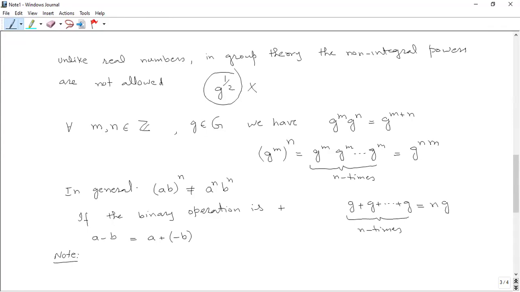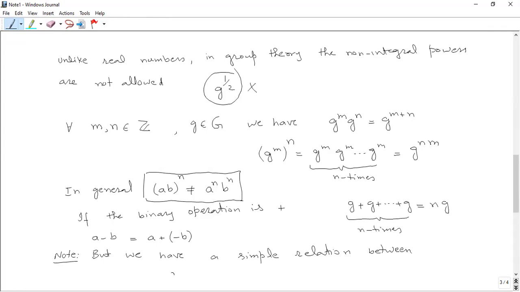Although this property (ab)^n is not equal to a^n b^n in general, we have a simple relation between the three elements (ab) inverse, this is an element of G, another element a inverse, and b inverse.